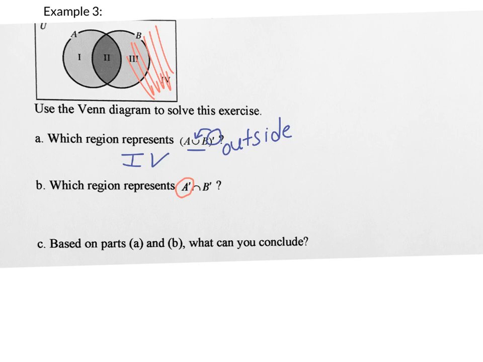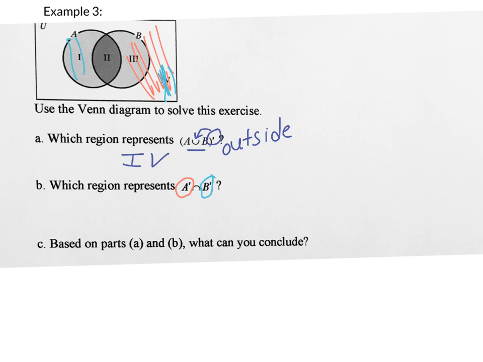B complement, I am going to use the aqua pen for. B complement means everything outside circle B, what's not in B. So that would be 1 and also 4, because 4 technically is outside of circle B, so regions 1 and 4 would be B complement.